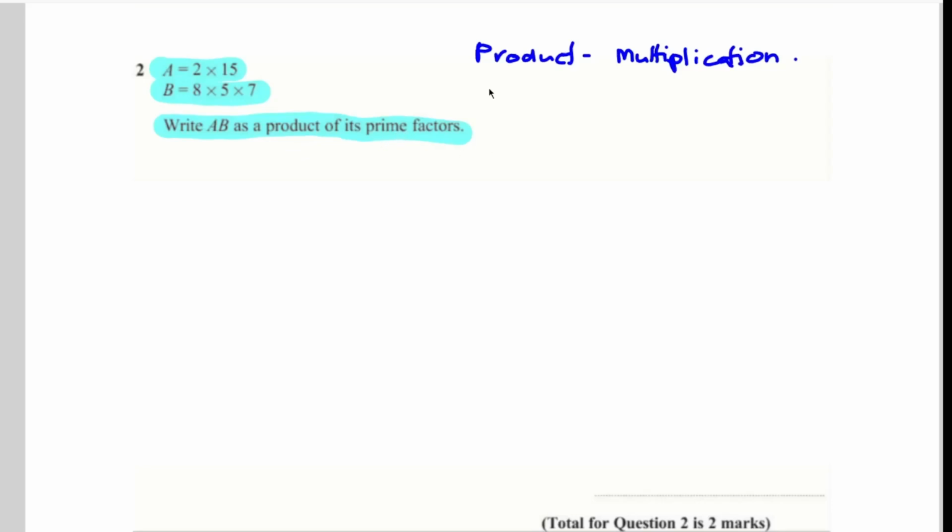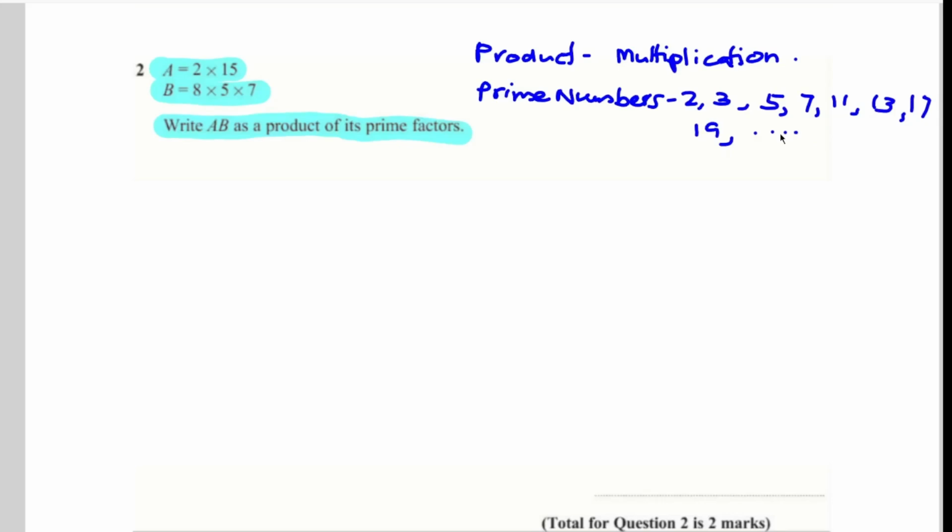And prime factors. What are prime numbers first of all? Prime numbers are the numbers that have only 1 and itself as their factors. Prime numbers are 2, 3, 5, 7, 11, 13, 17, 19, 23, and likewise, they are endless.